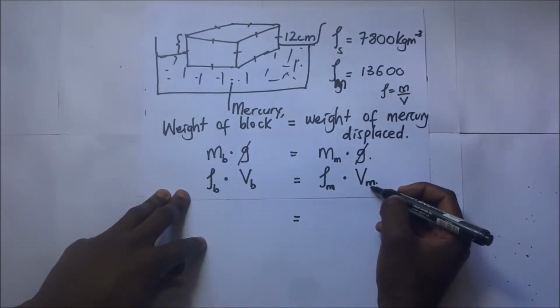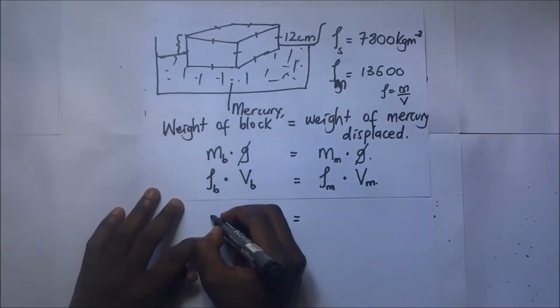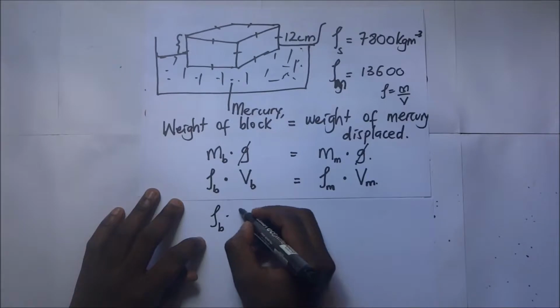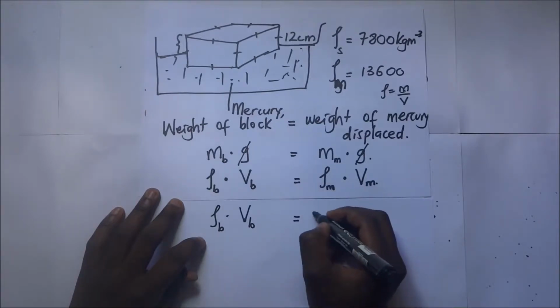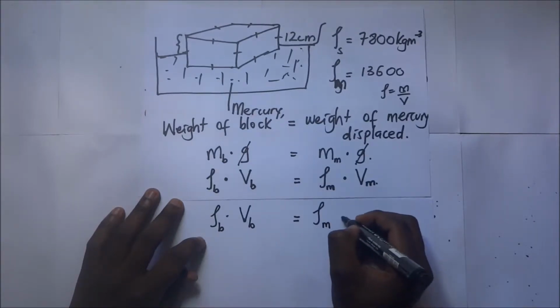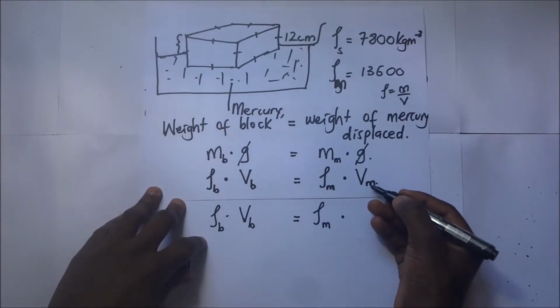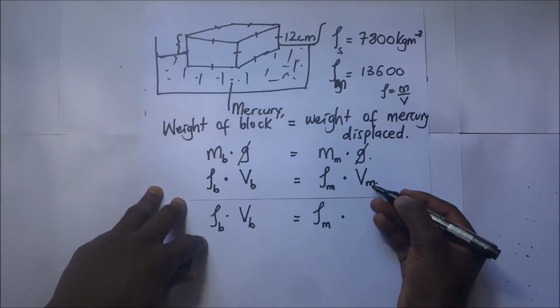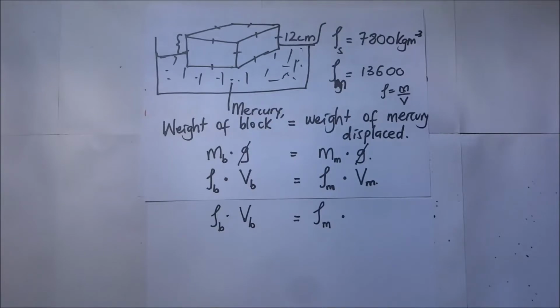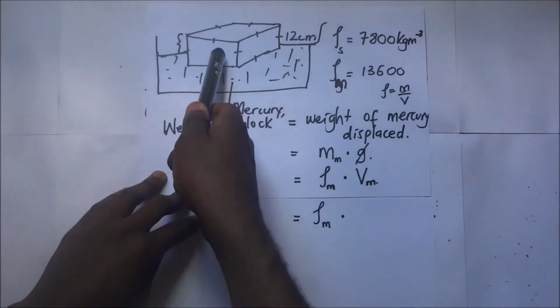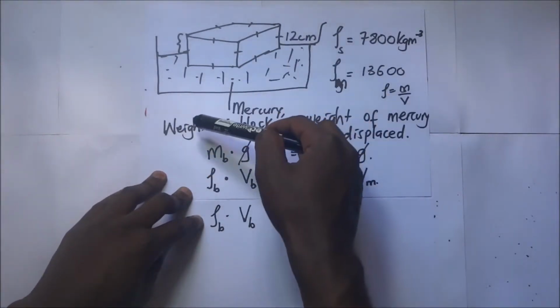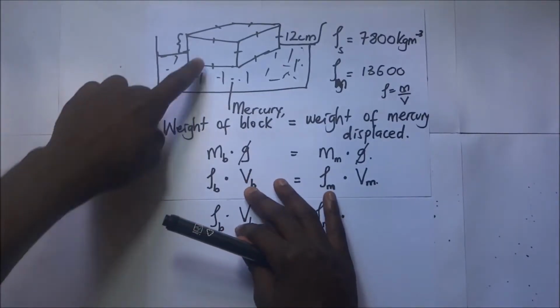Now the volume of the mercury is the volume of the mercury that has been displaced. The density of the block, multiplied by the volume of the block, is given by the density of the mercury, multiplied by the volume of the mercury that has been displaced. Now the volume of the mercury that has been displaced is equivalent to the volume of the block that has sunk in. Remember, this is a floating body.